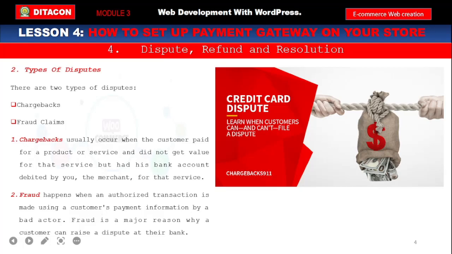So secondly is about fraud. This is when an unauthorized transaction is made using a customer's payment information by a bad actor. Fraud is a major reason why the customer can raise a dispute at their bank. So you understand this.